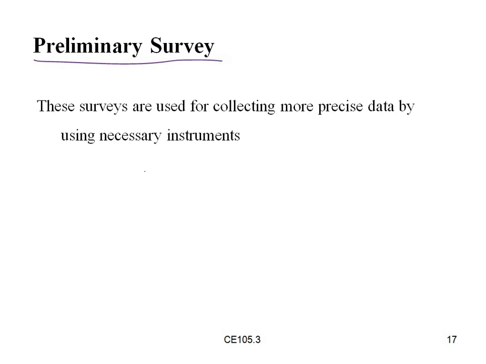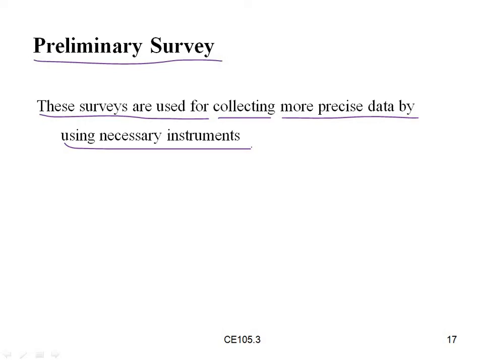And the next is preliminary survey. What is the preliminary survey? These surveys are used for collecting more precise data by using necessary instruments. So in the preliminary survey, we can collect the data by using the instruments.